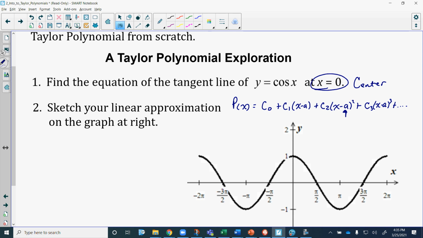Set that expression x minus a equal to 0, and that a value is what we think of as the center of a polynomial. So that would be a Taylor polynomial.